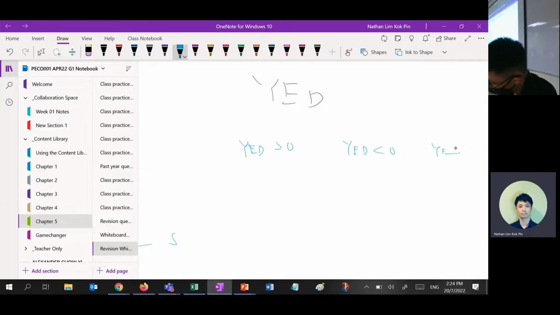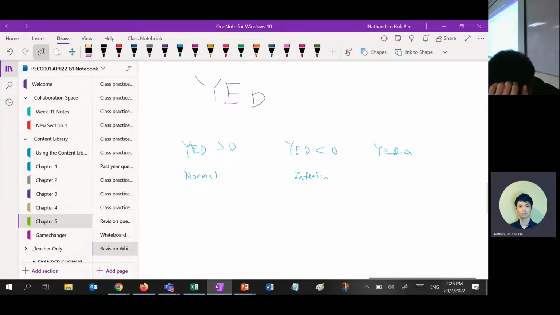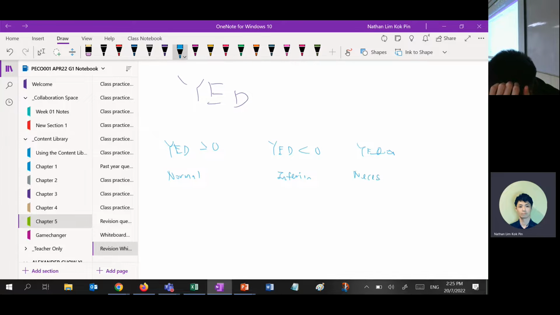One is YED equals to 0. These two, YED and XED, don't need to know the determinant. It's not inside the syllabus, the determinant, right? YED greater than 0 is a normal good. YED less than 0 is an inferior good. YED equals to 0 is a necessity. Okay.